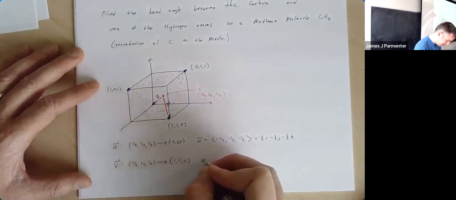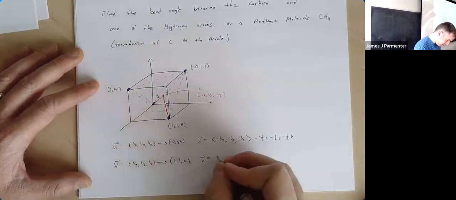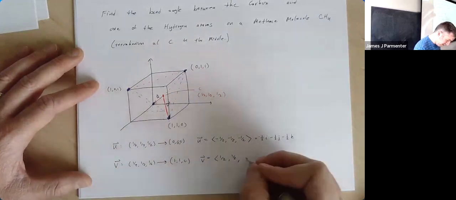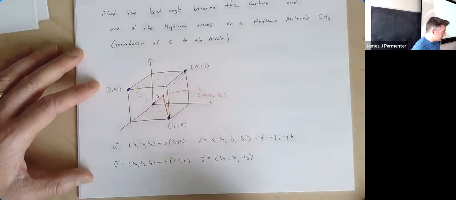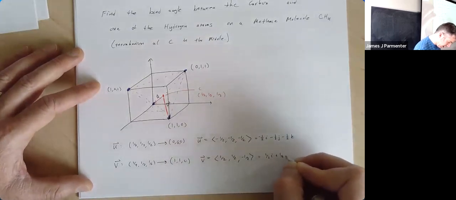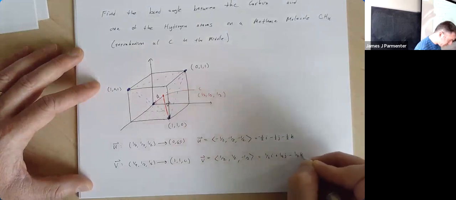So V is going to be the vector 1 minus 1/2 is 1/2, 1 minus 1/2 is 1/2, and 0 minus 1/2 is -1/2. Or if you prefer, 1/2 I plus 1/2 J minus 1/2 K.